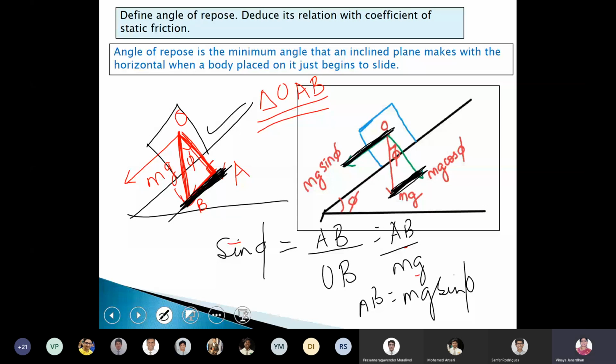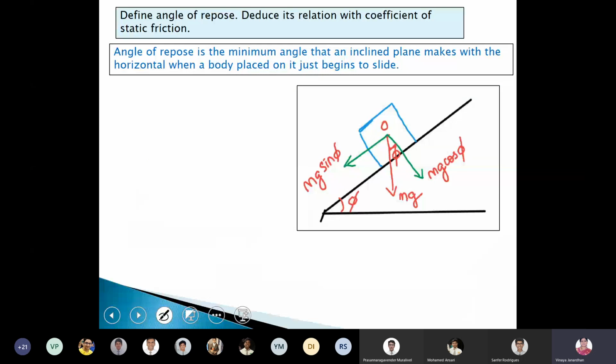Now this is only the first part of the diagram. This diagram is enough, but you should know how you have got this. Ma'am, why is the angle of repose also given as phi? In the previous case, I had taken it as theta. The angle is up to you; I've just taken it as phi. You can take it as alpha also, not a problem.